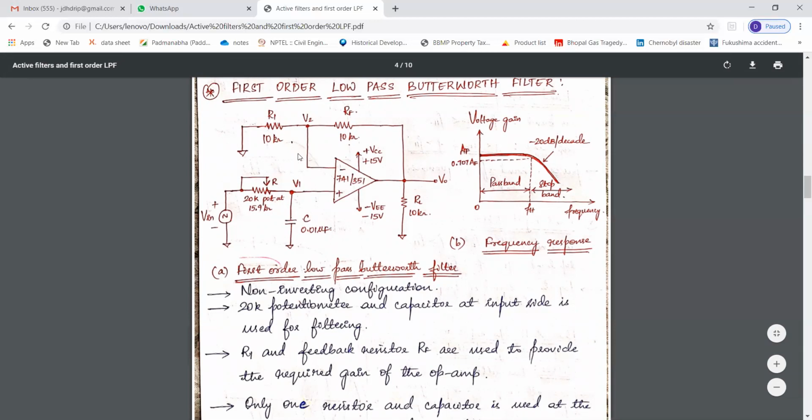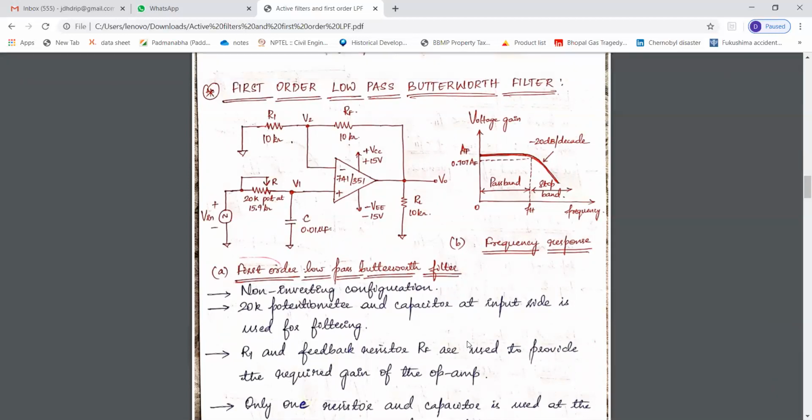Any value of gain can be obtained by selecting appropriate values for R1 and RF. Now, I already mentioned that since only one resistor and one capacitor are used at the input side, this is called first order low pass Butterworth filter.